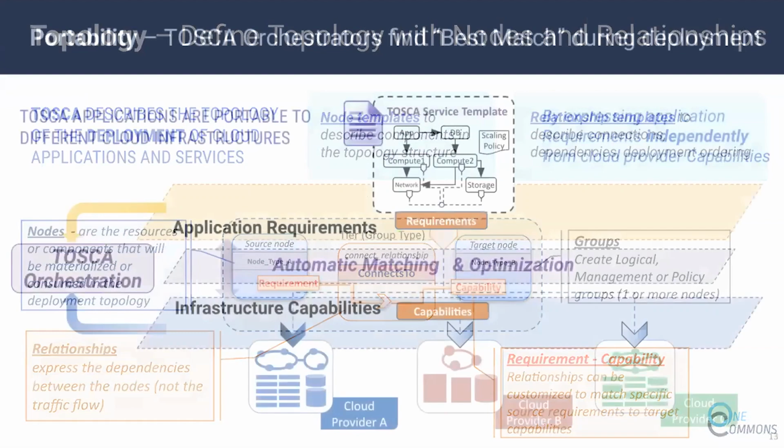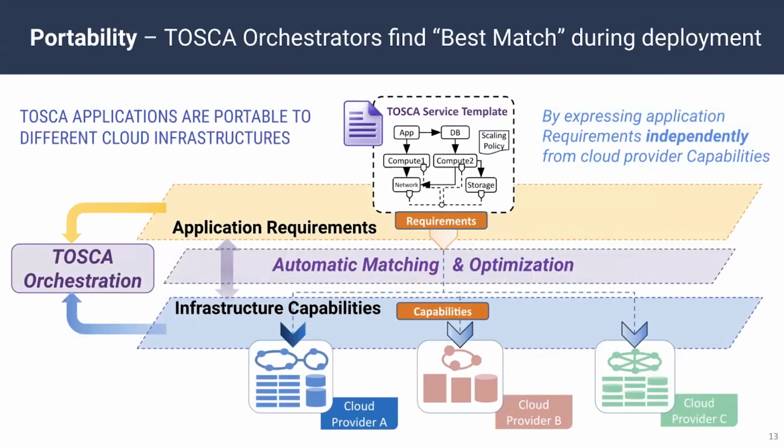And so what that enables is this technology that I was describing before, where a Tosca orchestrator like Unfurl can automatically match and optimize how things are deployed based on the application's requirements on the one hand, and then the user's capabilities of the infrastructure that the users are using.